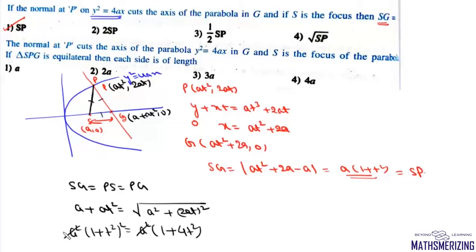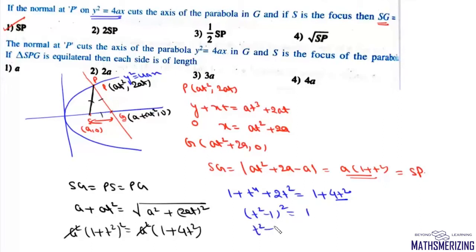So this a squared will cancel. So we can write this equation as 1 plus t to the power 4 plus 2t squared equals 1 plus 4t squared. So we'll take this 4t squared on the left, then it will be 1 plus t to the power 4 minus 2t squared. So we can write it as (t squared minus 1) whole squared equals 1.